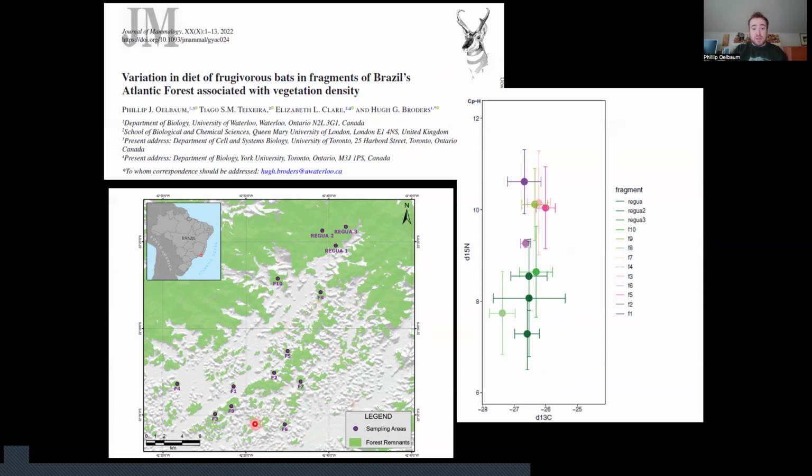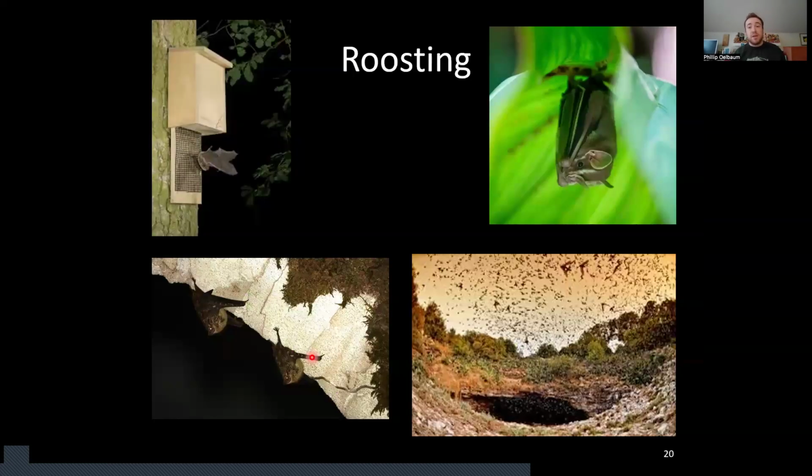This is just a few fragments near a contiguous forest outside Rio de Janeiro. Bats found within the contiguous forest have considerably different diets from those found out on the forest fragments. So sometimes they can be locked in, rather than having these very broad foraging ranges.